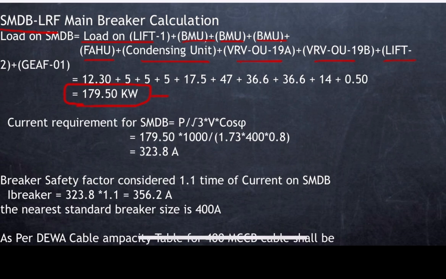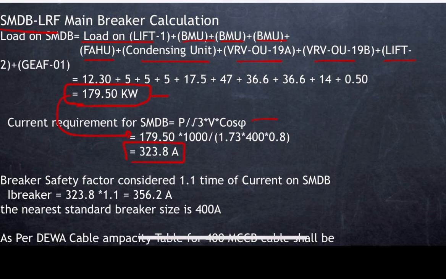I will use the same formula, I is equal to P divided by root 3 into V into cos phi. We know P, the total load on the SMDB, is 179.50. We put in all the numerical values and get the total current demand on SMDB LRF.